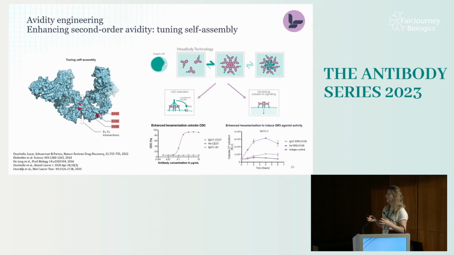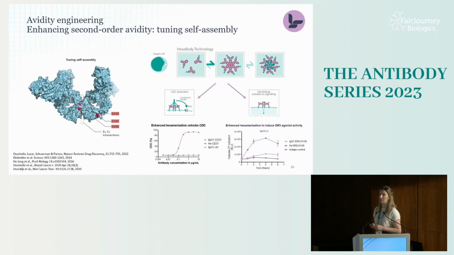So tuning the self-assembly of the antibodies in a complex. And it was shown really nicely by Diebolder and team that once you mutate the Fc-Fc interface, so introduce single point mutations there, many of them actually are capable of enhancing these interactions more strongly, and then potentiate complement activation for multiple antibodies targeting multiple different targets.